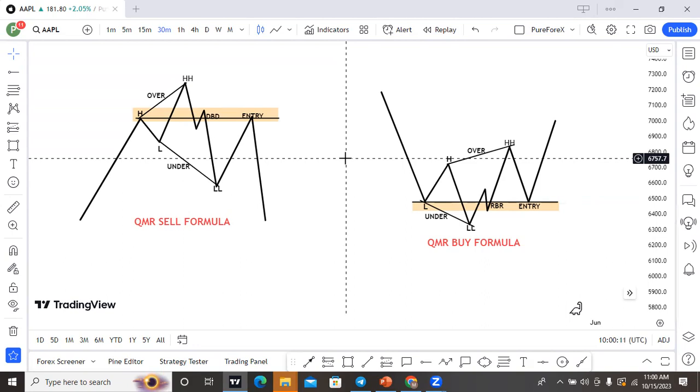Like the blind spot is a reversal setup, just like Quasimodo reversal, QMR is also a reversal setup. It's signaling us that a trend reversal is imminent, we should start buying or we should start selling, depending on your directional bias on that particular day, right? So without wasting your time, let's look at GBP USD.